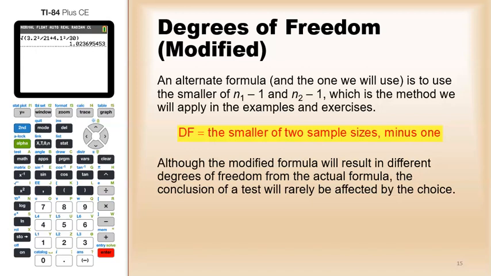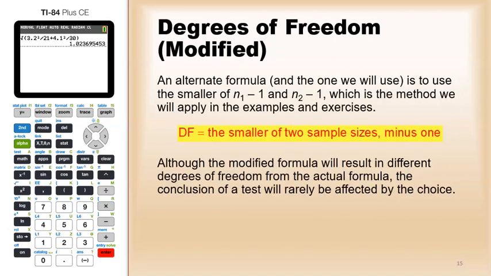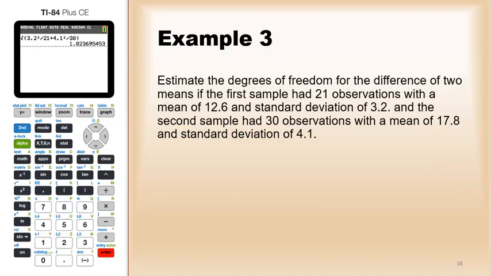So, for this test, we take the smaller of the two groups, whichever group is smaller, take that sample size and subtract 1. And although this is a different formula than that one, it's not really going to have much impact on the p-value. So we'll stick with the simpler version. So for instance, if you want to estimate degrees of freedom for the difference of two means, if the first sample had 21 observations with a mean of 12.6, standard deviation 3.2, and the second sample had 30 observations with a mean of 17.8 and standard deviation of 4.1.